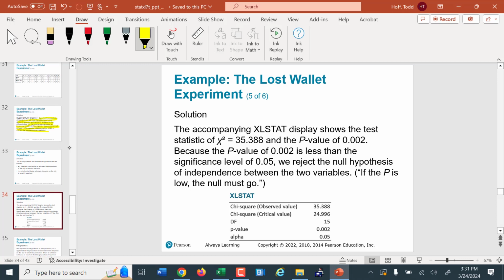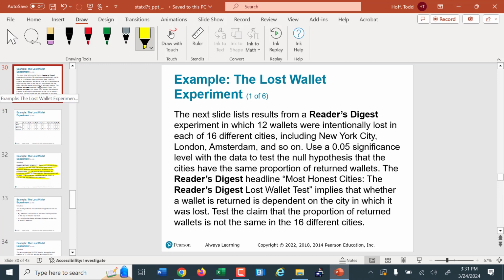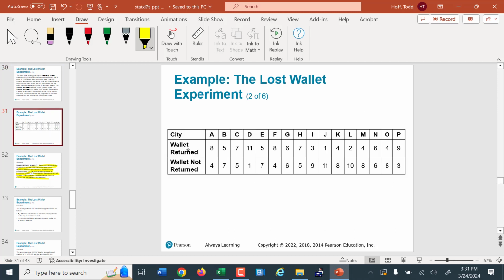How many cities did we say? There's 16 cities and only 2 rows, returned or not returned. So 16 minus 1 gives us 15 degrees of freedom in the columns. And 2 rows minus 1 is 1 degree of freedom for the row.